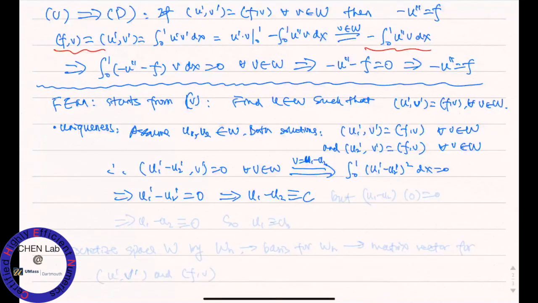But we know at the boundary that the function u1 minus u2 at 0 is 0. We know the value at one point, which means u1 minus u2 must be 0 everywhere. So u1 is identical to u2. The two solutions are the same, which means there's only one solution.